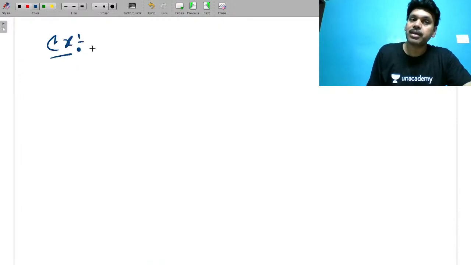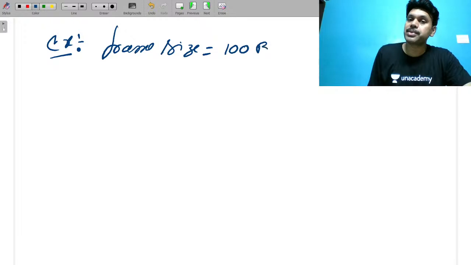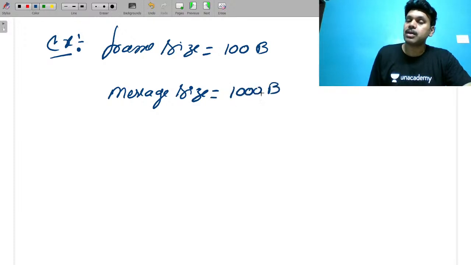I say my frame size is equal to 100 bytes and my entire message size is equal to 1000 bytes. So how many frames do you need? Your answer is 10 frames.